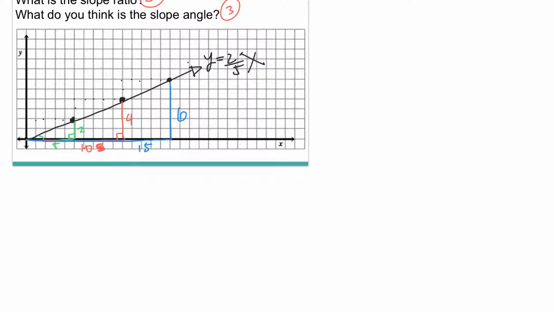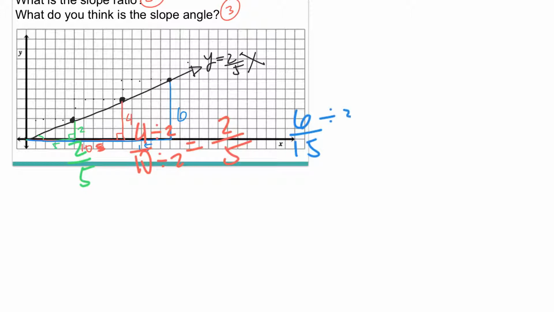Now, what is the slope ratio? So for the green one, it'll be 2/5. Pretty simple. For the red one, I have 4/10. But I can simplify that if I divide it by 2. And I get 2/5. And for this last one, 6/15.